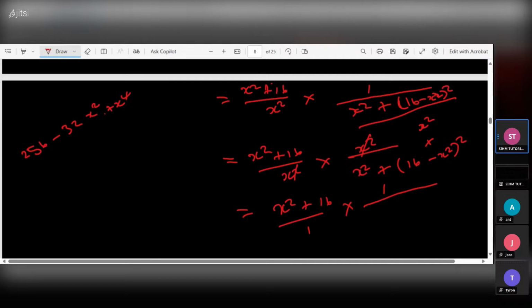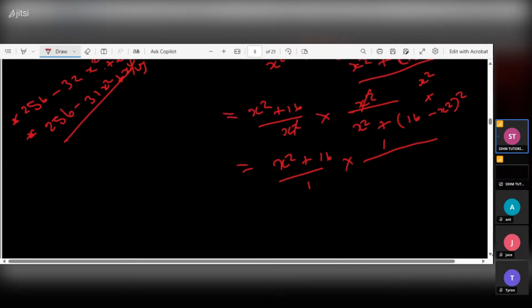As I was saying, here they're going to apply the same thing. Remember, you also have an x squared there. So yes, you are going to get 256 minus 31x squared and then plus x to the power 4. This is what I should get. So this is still the same value.